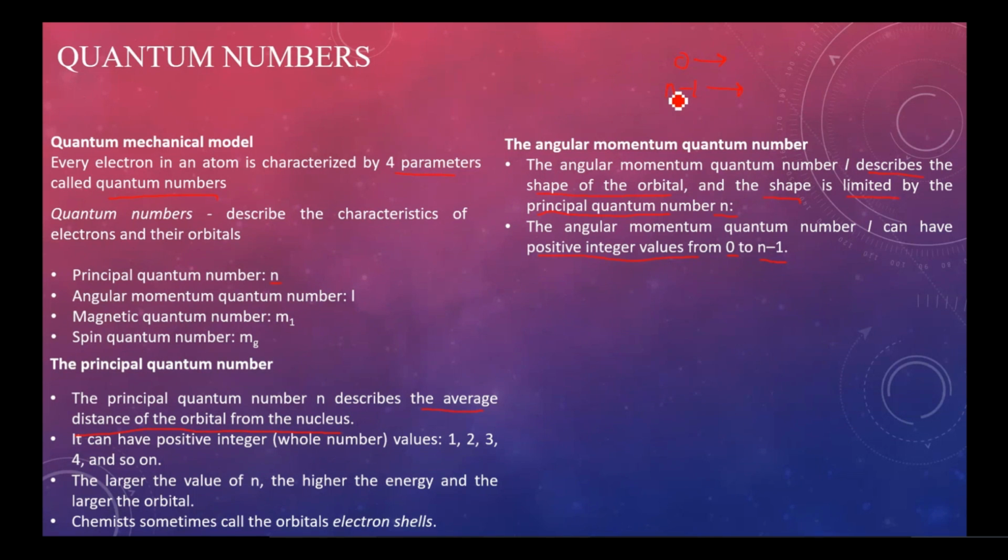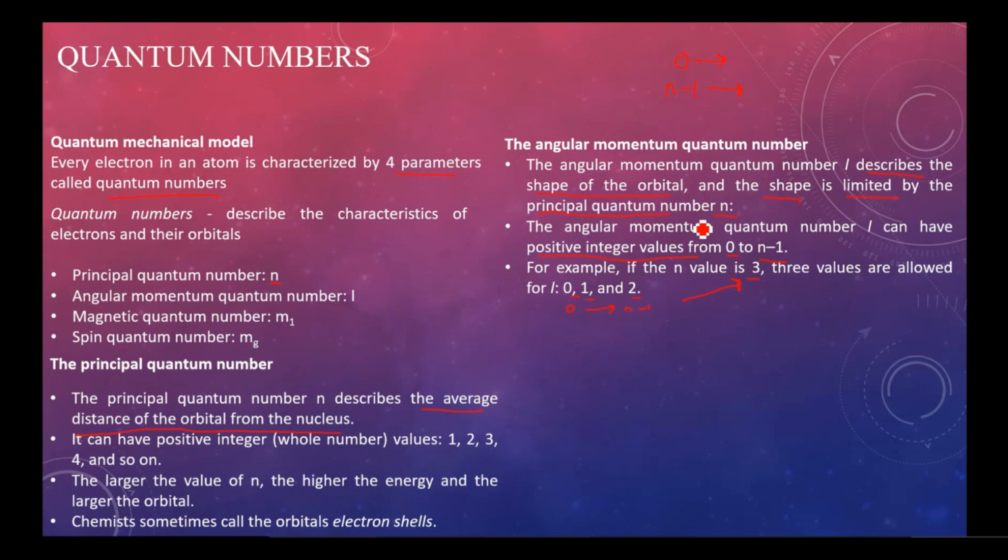So it's basically a digit which is essentially representing the shape of your orbital. For example, if you have n value as 3, the three shapes of orbitals that are allowed would be 0, 1, and 2. That means 0 to n minus 1 shapes are allowed for this third orbital.